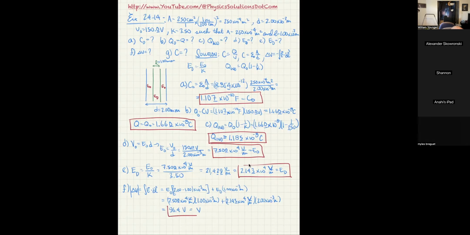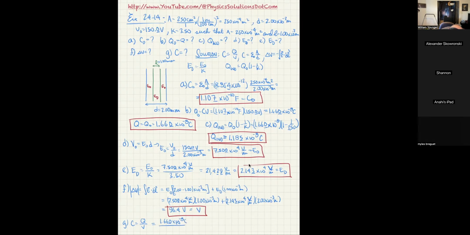So now I can circle that off, and now we can calculate the capacitance because the capacitance is the charge divided by the voltage, and we just calculated the voltage, and the charge, of course, is 1.660 times 10 to the negative 8 coulombs.